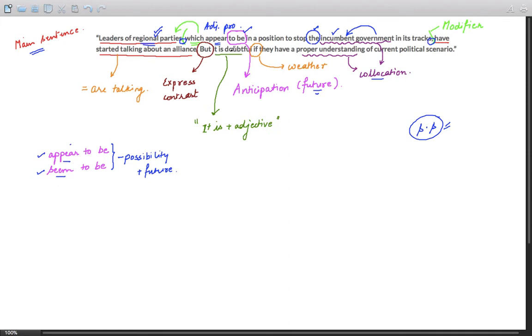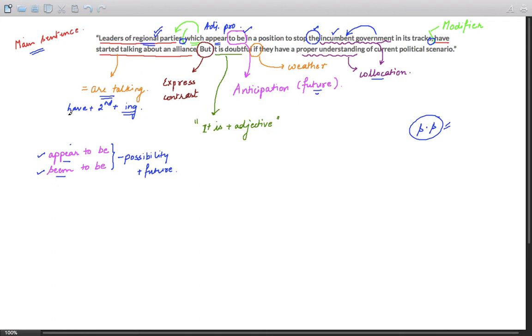Now, leaders of regional parties have started talking about an alliance. Have plus the second form of the verb and the ing form of another verb is an often used construction, and it refers to are talking. They are actually talking, but the exact difference is that are talking just refers to the moment.